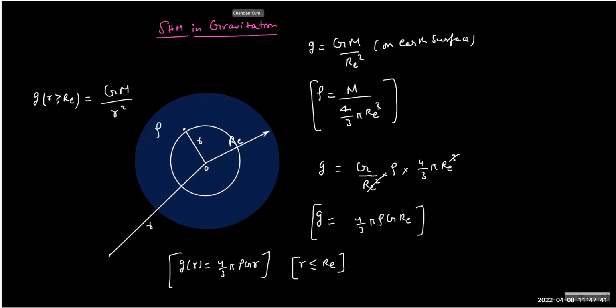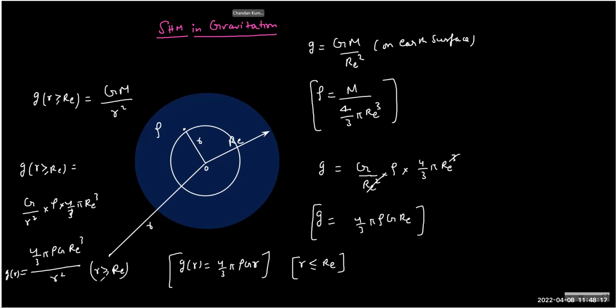How far is the r? So you will get a more complex answer: g as G by r square times density times 4 by 3 pi re cube, and you can see that it will not cancel out. The answer will remain in terms of 4 by 3 pi rho G re cube by r square. It will not cancel. For inside we have a nice formula.